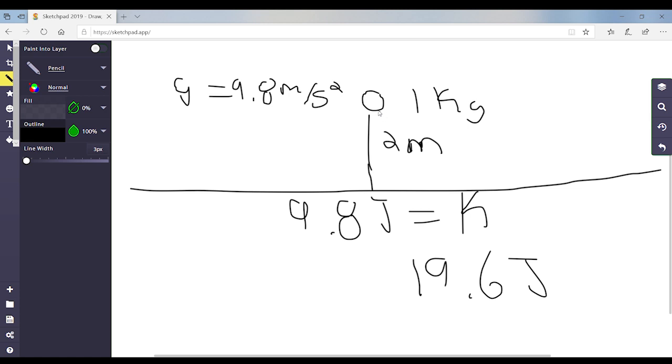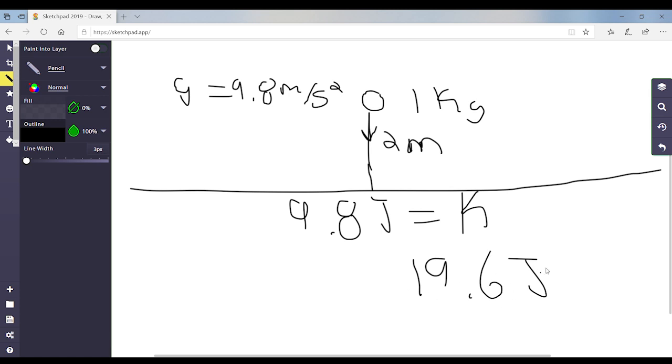Okay, and now we want to find out how much potential energy is left, right? We can find that out because of the total amount of energy we had before, we can just subtract how much energy we lost. And how much energy we lost is 9.8 joules, because that's how much energy went into the dropping.